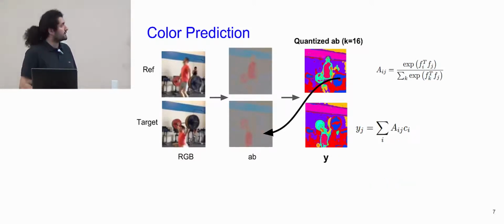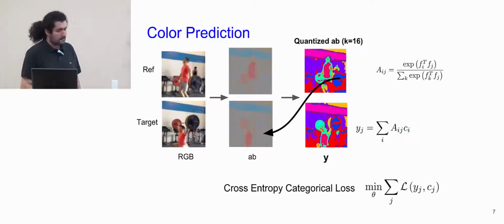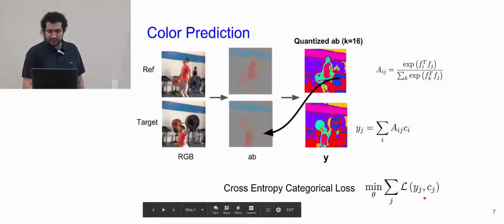The visualization of these quantized colors is perturbed for visualization reasons, so each class is represented by sharp colors. Since this is a classification problem, classifying distinct color classes, they use cross entropy loss, where this is the prediction from the model and Fj is the ground truth value.